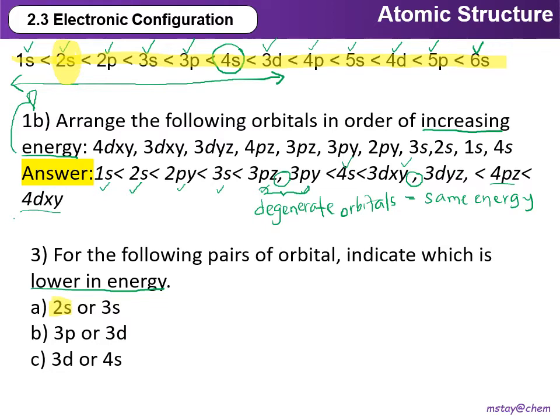When we have 3p and 3d, we see 3p first, so 3p has lower energy. When I have 4s and 3d, I can see the 4s orbital at the front, so 4s has lower energy. So I think basically this is the idea of the Aufbau principle.